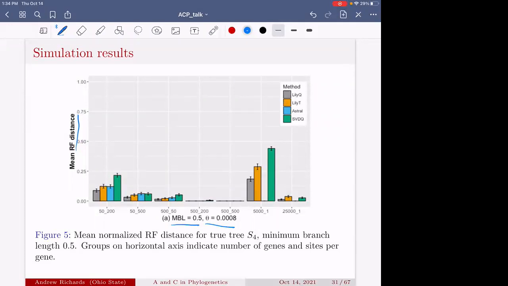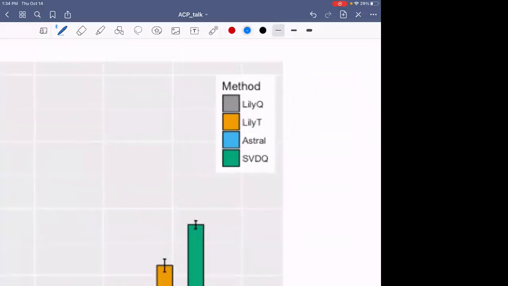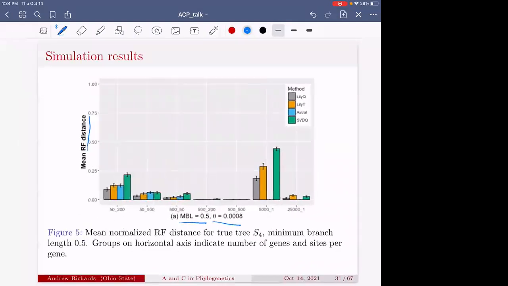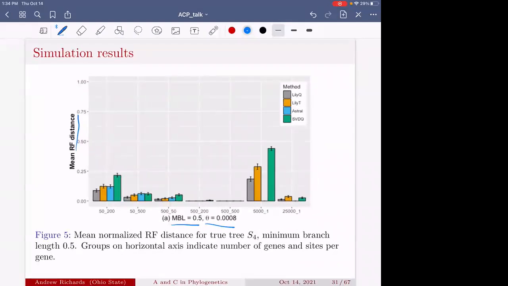The different colors represent the different methods. So gray is Lily Q, yellow Lily T, blue is Astral, and green is SVD quartets. And then this first number here is the number of loci, and the second number there is the number of sites per locus. And so we went all the way up to like 250,000 sites and as few as 5,000 sites.